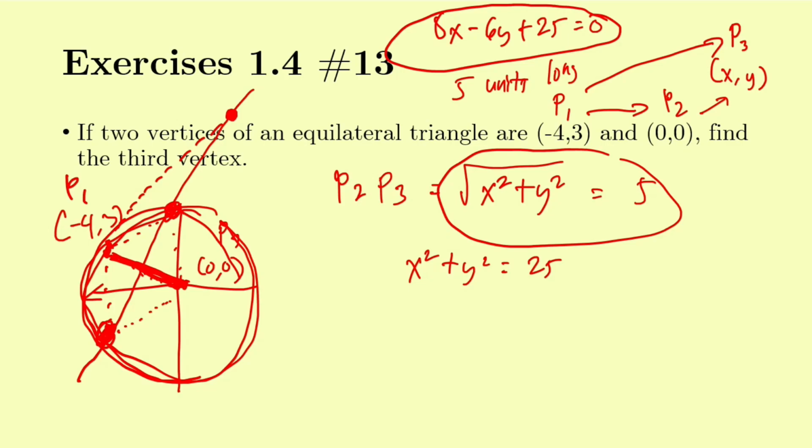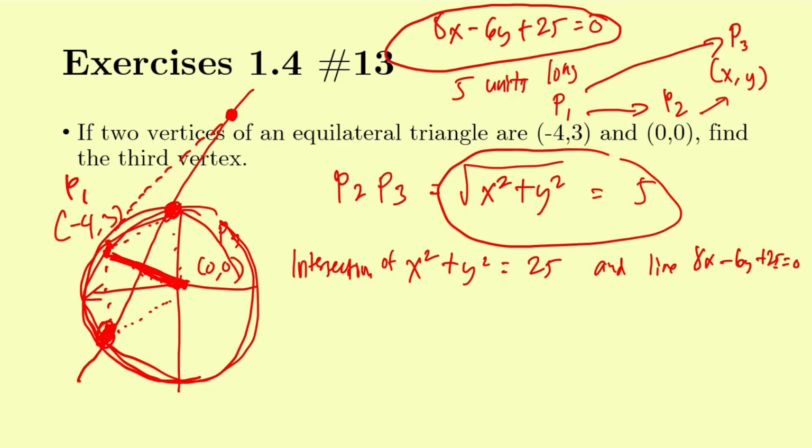So we are going to find the intersection of x squared plus y squared is equal to 25 and the line 8x minus 6y plus 25 is equal to 0. That intersection will intersect the circle at 2 points, and those 2 points are the vertices that we need. Okay, so how are we going to do that?